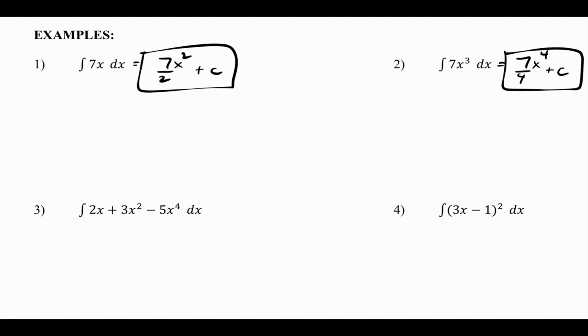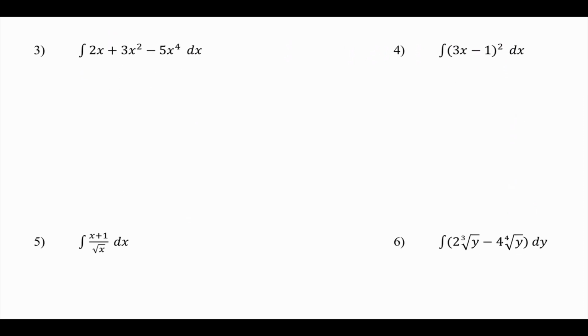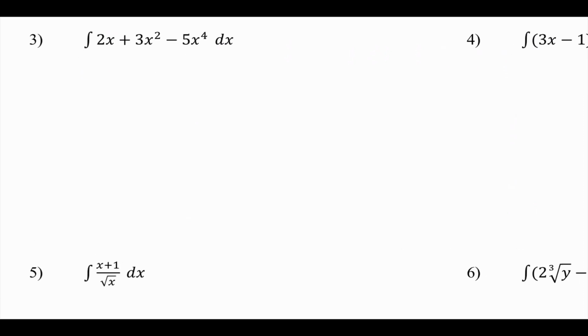Okay. Number 3, it's just 3 individual problems. You're just finding the antiderivative of 2x, the antiderivative of 3x squared, the antiderivative of negative 5x to the 4th. It's just kind of 3 problems mixed together. So the antiderivative of 2x is 2x squared divided by 2. The antiderivative of 3x squared is 3x to the 3rd divided by 3.